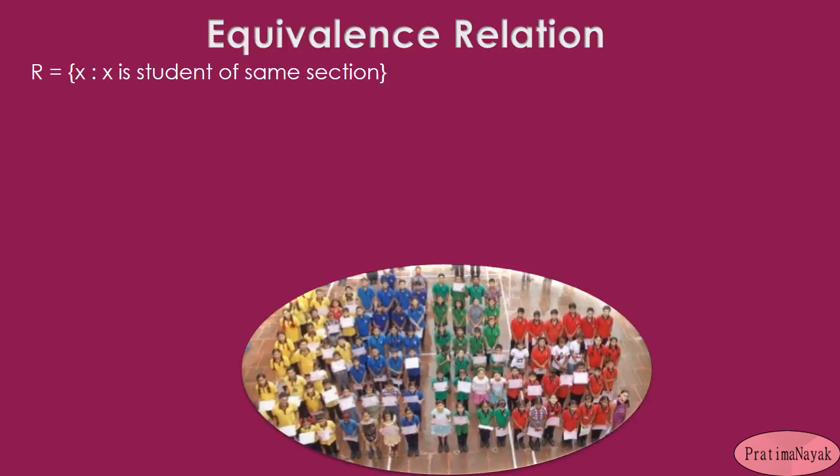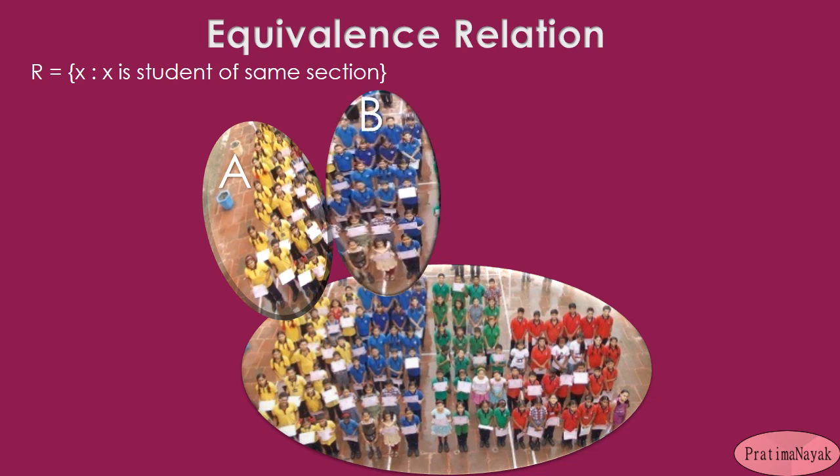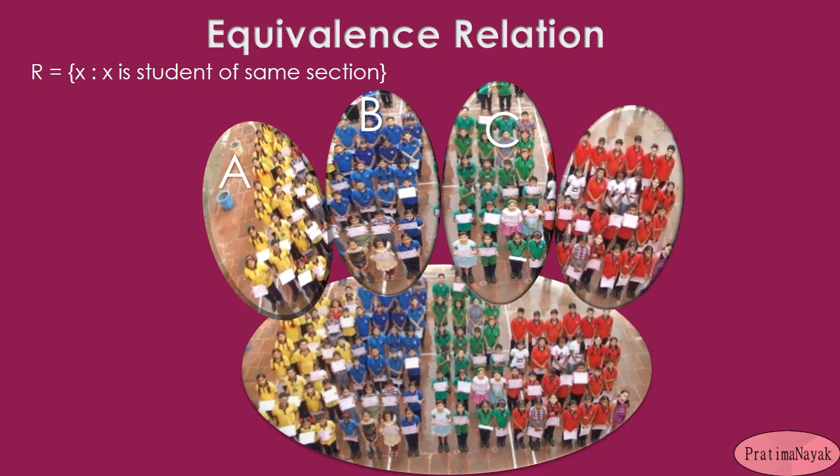So, now the subsets are section A, section B, section C, and section D. So, A, B, C, D are subsets of S. In subset A, all the students are related to each other. Similarly, in subset B, all the students are related to each other under this relation that belongs to the same section. Same in case of section C and section D.